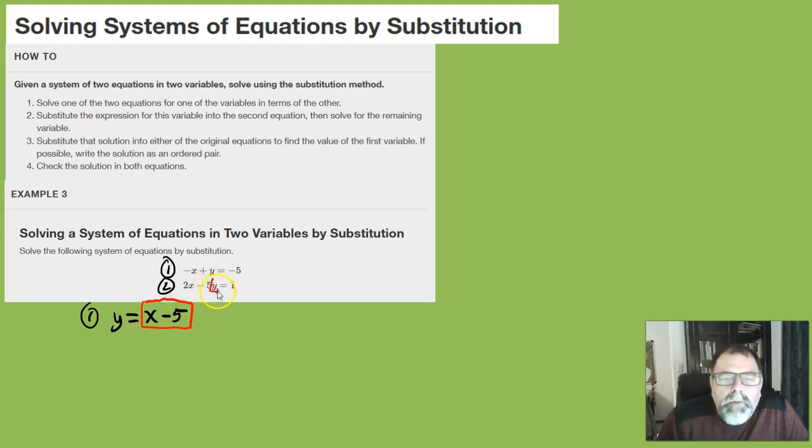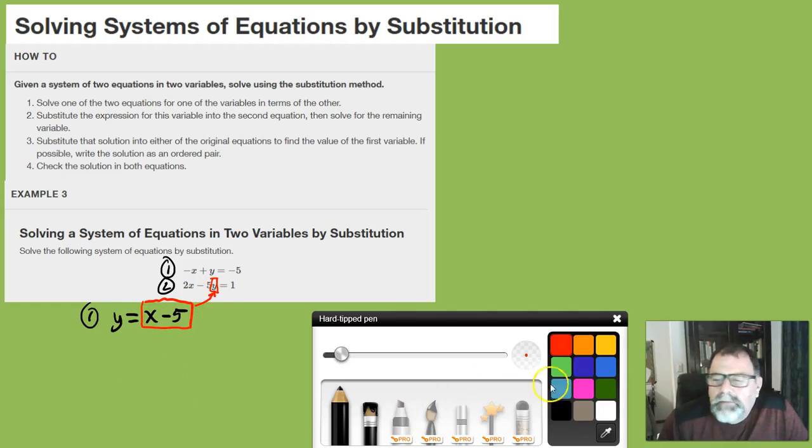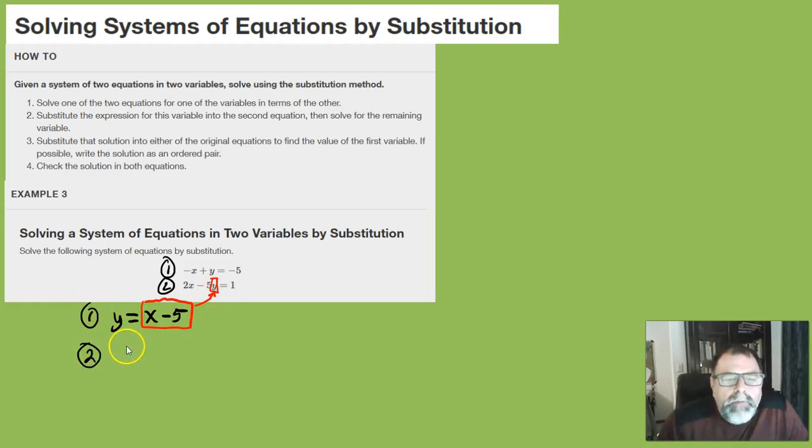I'm going to take the y out of 2x minus 5y equals 1, and put in y equals x minus 5.